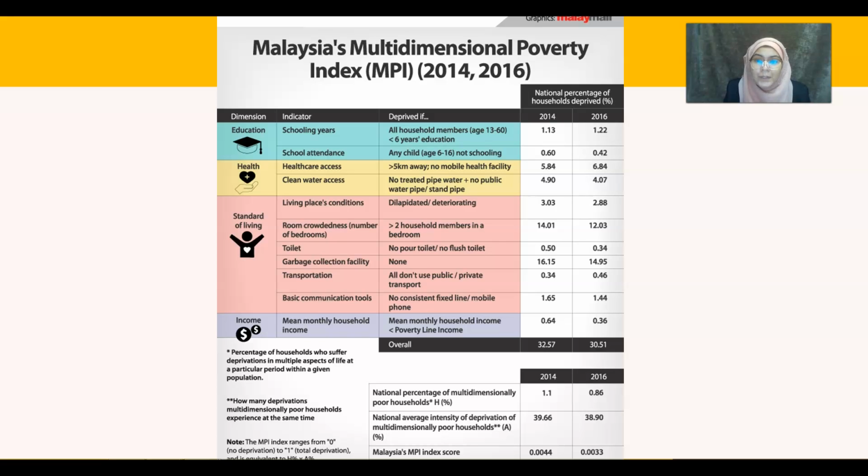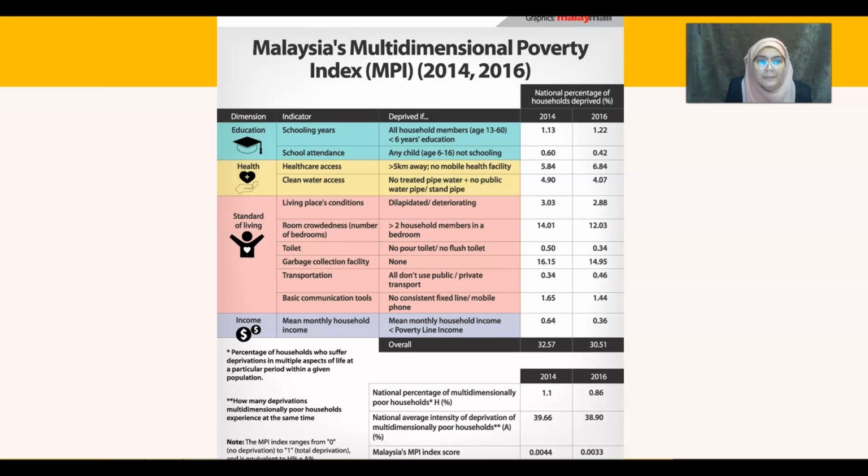We can see an increase in the prevalence. For clean water access, the household has no treated piped water, public piped water, or standpipe in the community. We can also see a decrease in the prevalence of deprivation in terms of drinking water access.